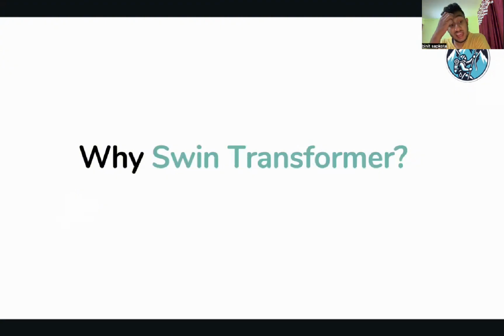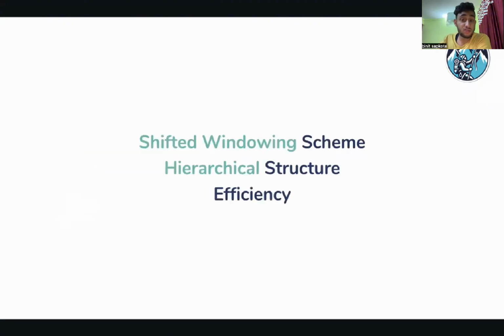Now, talking about the AI architecture that we have chosen, it was the Swin Transformer, which is one of the recent technologies and is mostly used in image detection. The reason we chose this architecture is because it uses a shifted window scheme and a hierarchical structure, and it is more efficient compared to other AI models.